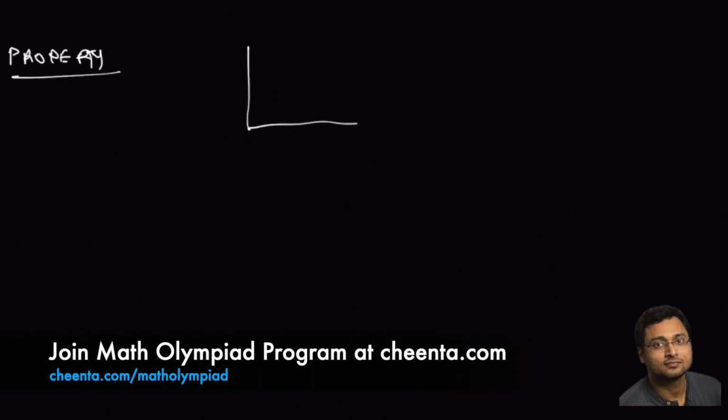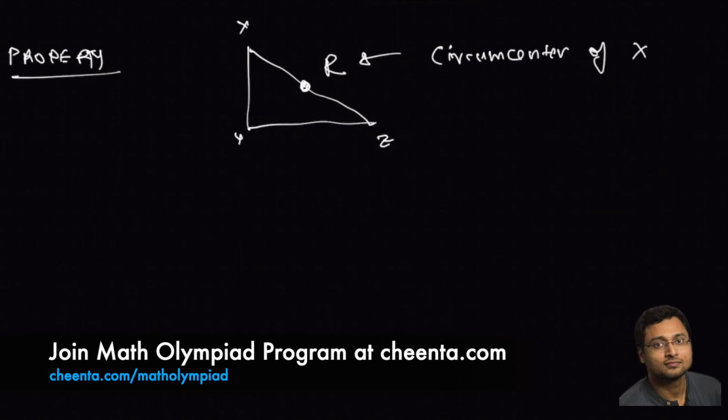If you have a right angle triangle, let's say XYZ, and if you take the midpoint of its hypotenuse, let's say R, then R is the circumcenter of XYZ, which means that R is equidistant from the three vertices, which means that RX is equal to RY is equal to RZ.